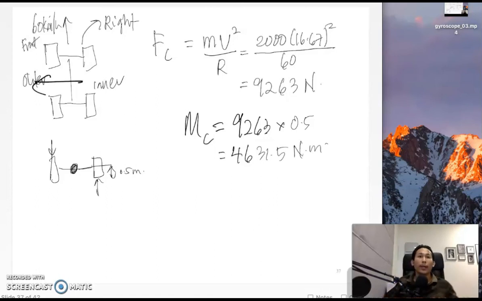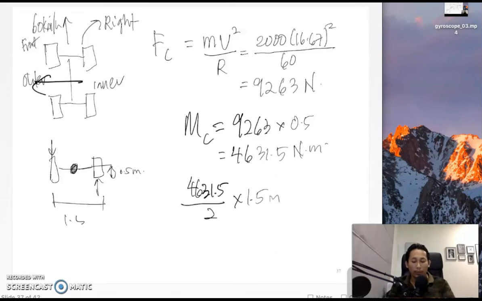Okay, so that one is for the moment of the centrifugal force, but we need to divide it by 2 front and rear. So 4631.5 divided by 2, and the moment arm is 1.5 meter because the base is 1.5 meter.